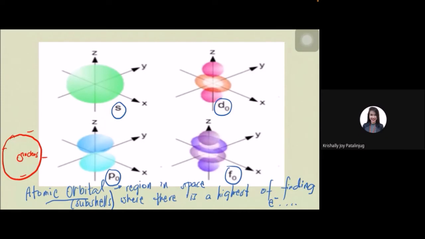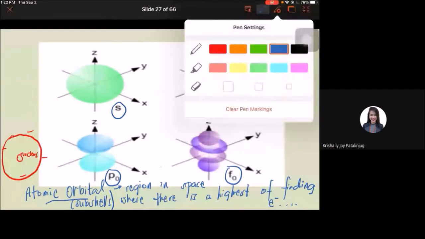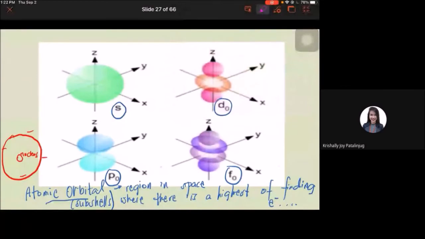Please take note, as early as now, that each orbital in each subshell can only accommodate a maximum of 2 electrons.